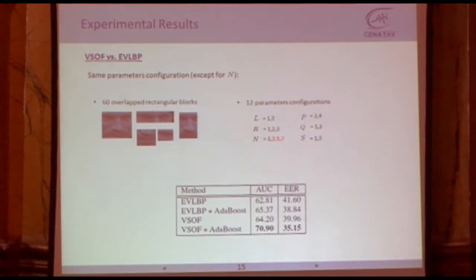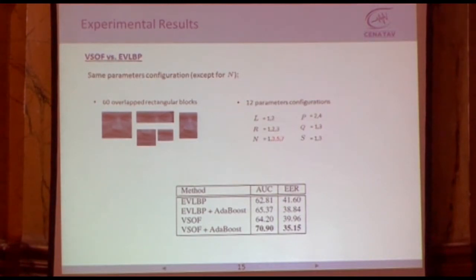So we have obtained 60 overlapped rectangular blocks, changing the sizes by 20 pixels every time. And we have used, for the first experiment, 12 parameter configurations, changing the different parameters that we have in our model.